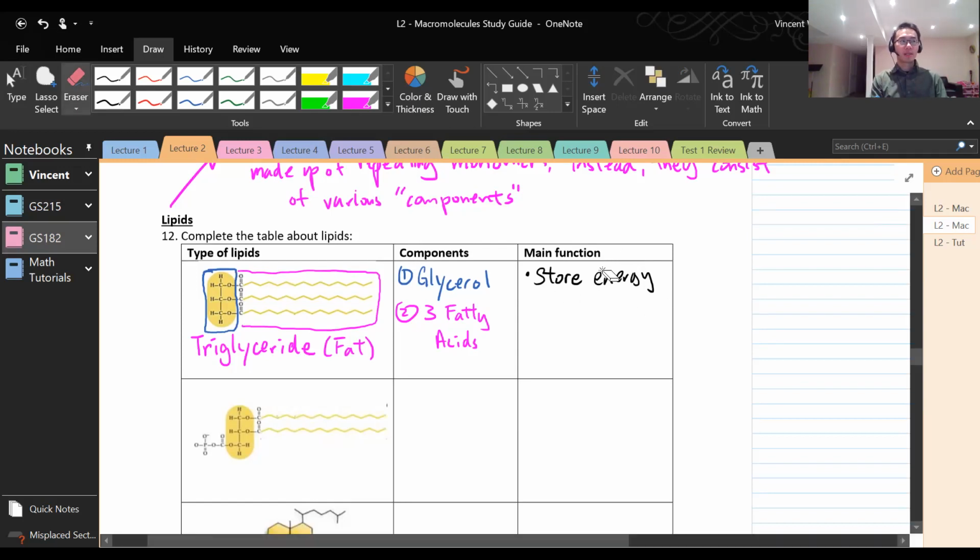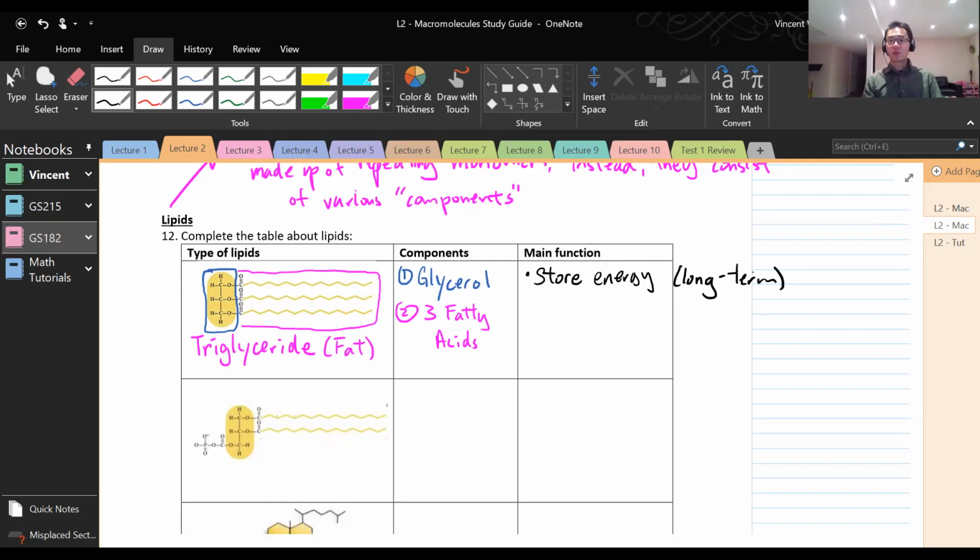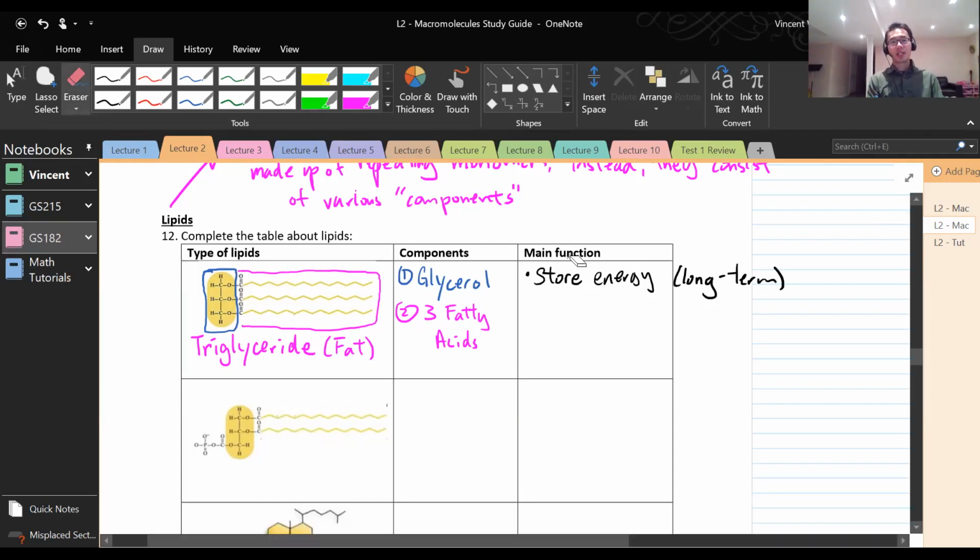So we store them as long-term energy. If you didn't eat breakfast this morning, you'll be burning your glycogen reserve. But if you continue to not eat for the rest of the day, and the next day and the day after, then you will start to tap into your fat reserve. In fact, that process might start after 16 hours or so.